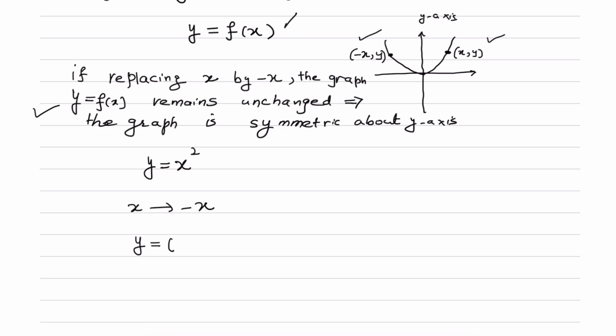So we have replaced x by minus x, and we get back the same shape. So we will say that our graph is symmetric about y-axis. Let's try another graph.